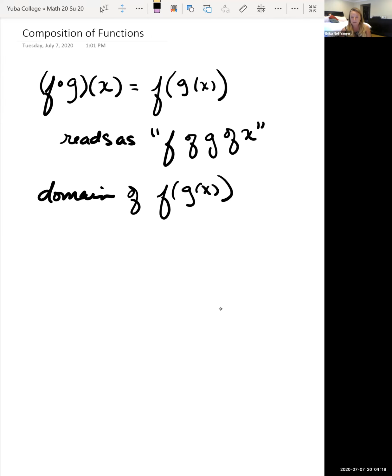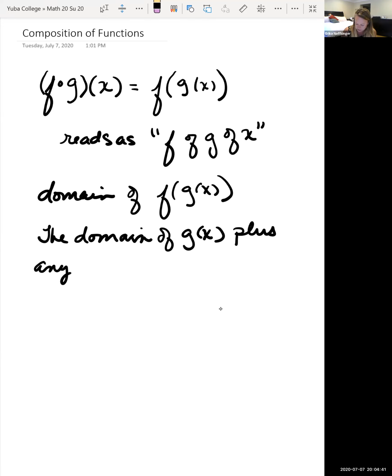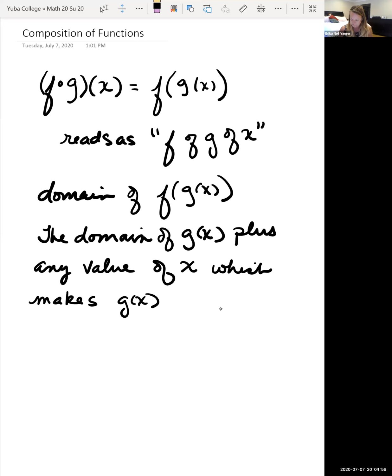And so the domain of f of g of x is the domain of g of x, plus any value of x which makes g of x undefined for f of x.